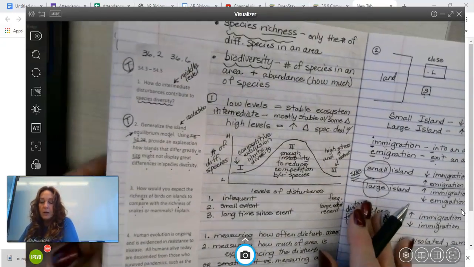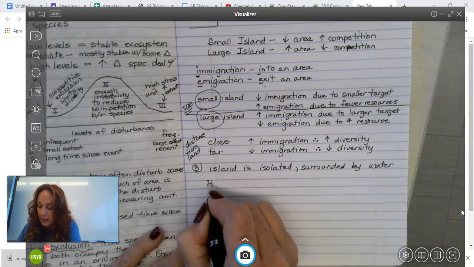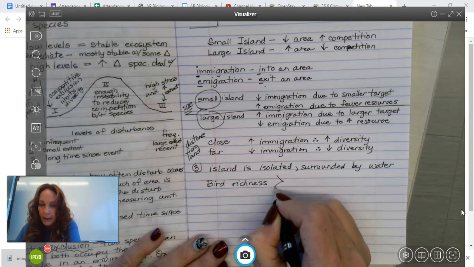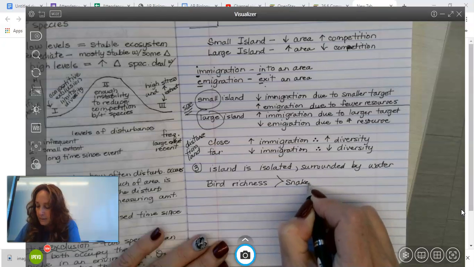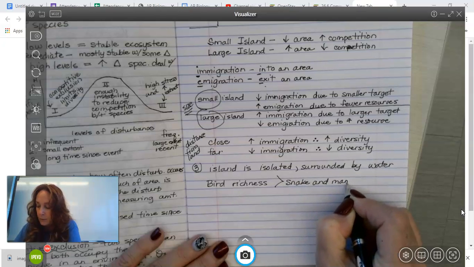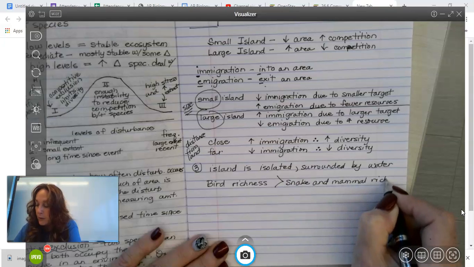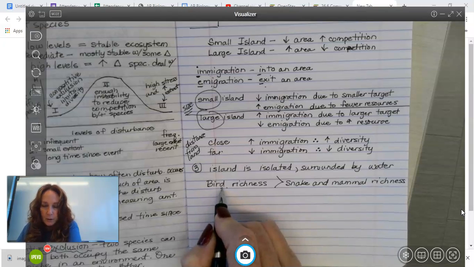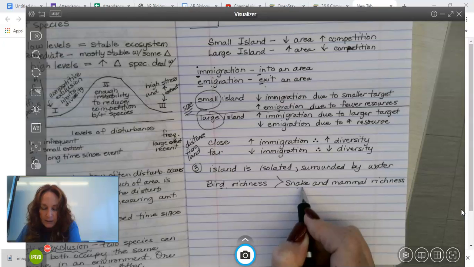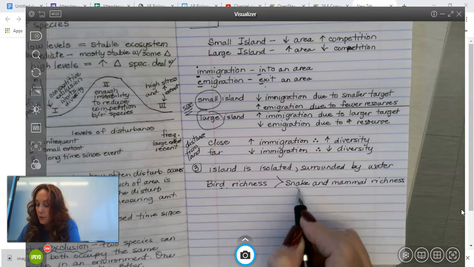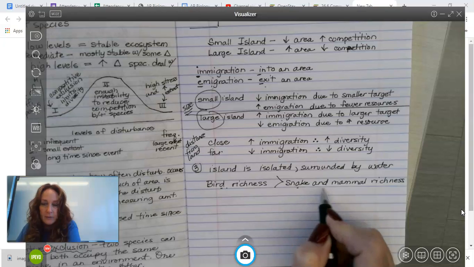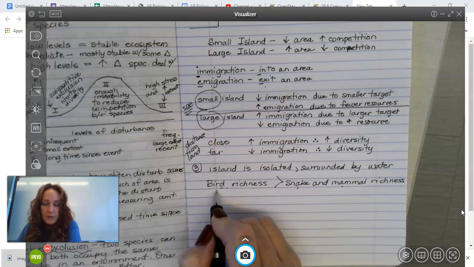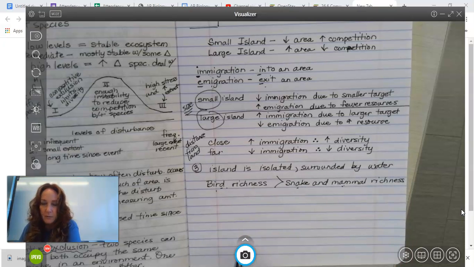So when I compare the two, I would expect that the bird richness would be more than the snake and mammal richness. So I would have more different species of birds than snakes and mammals. I'd have a lot more types of birds than types of snakes and types of mammals.